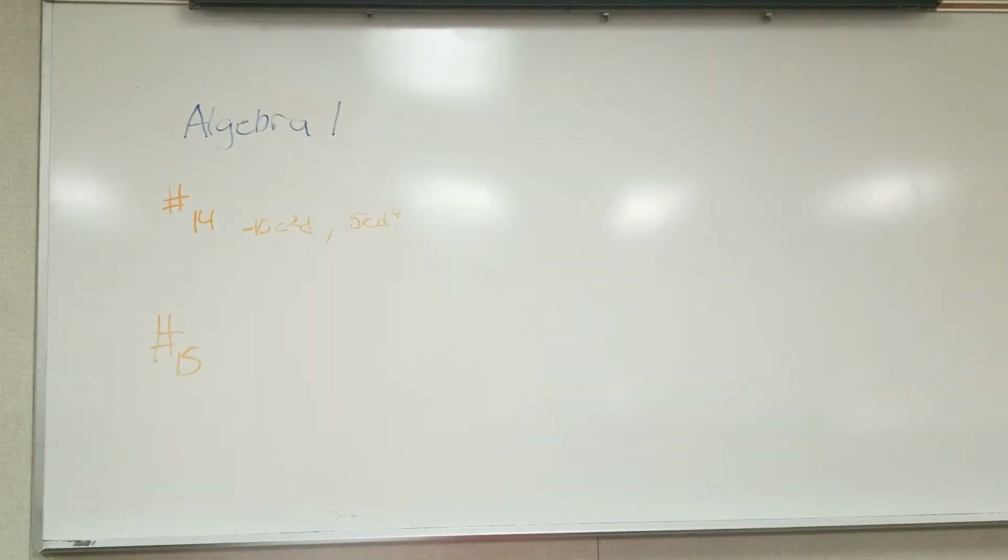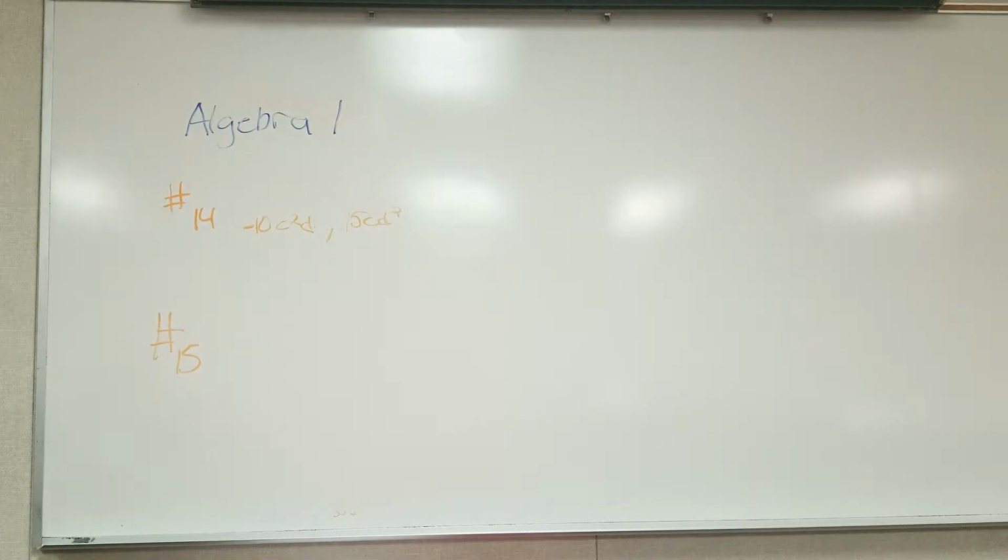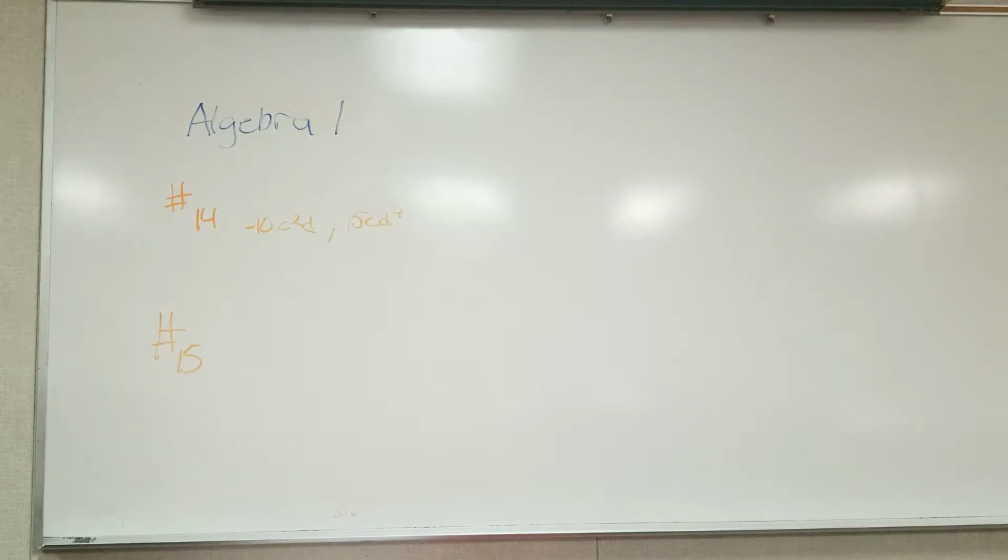All right, problem number 14. They want to identify the greatest common factor of negative 10c squared d and 15c d squared. So remember, the greatest common factor is the biggest number that goes into both of these. This one's pretty simple. It's going to be 5.